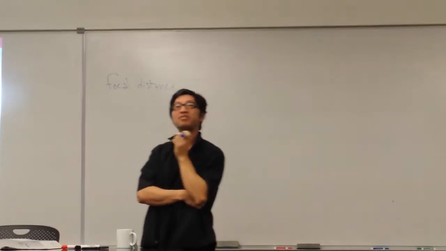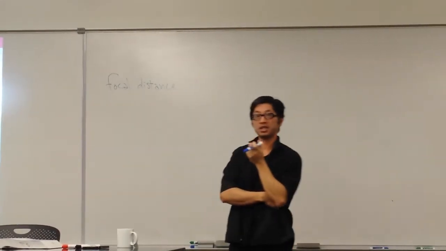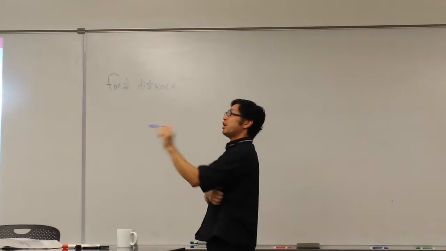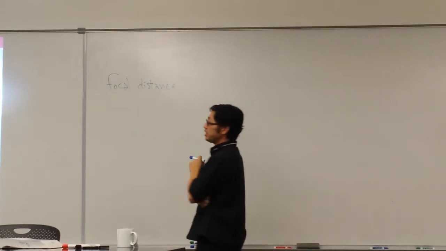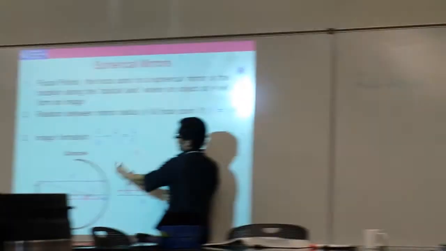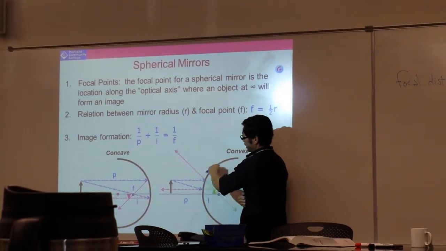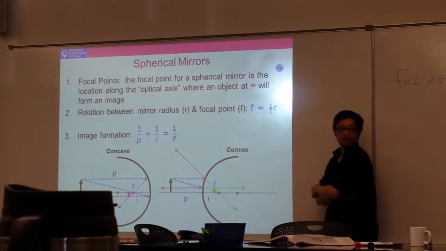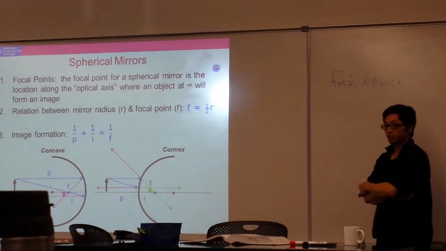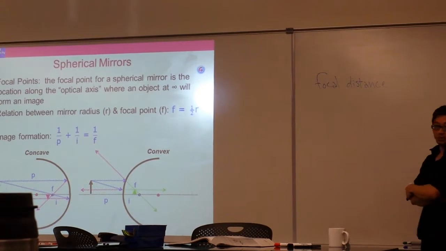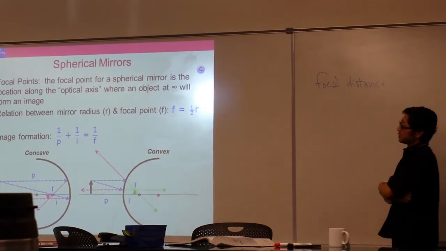It means when you have light rays that are perfectly parallel coming towards this mirror, be it concave, this is a concave mirror, and this is a convex mirror. It's just language for depending on which way the thing curves and which side the reflecting surface is.